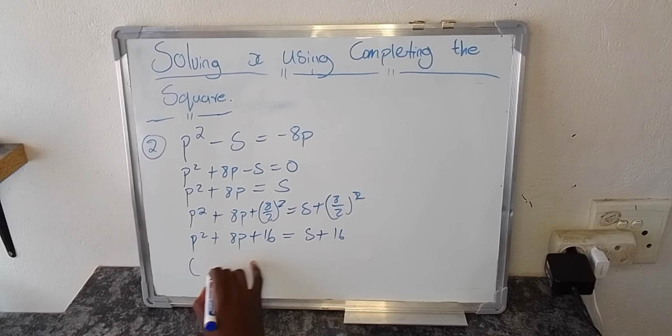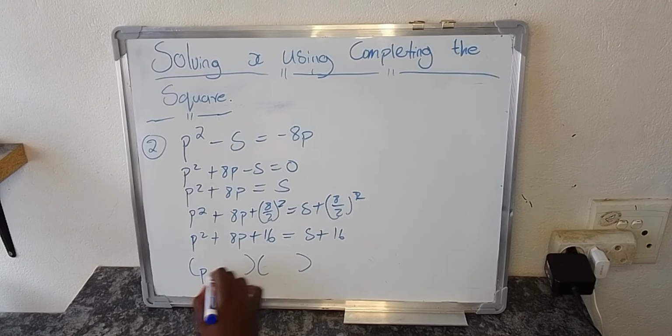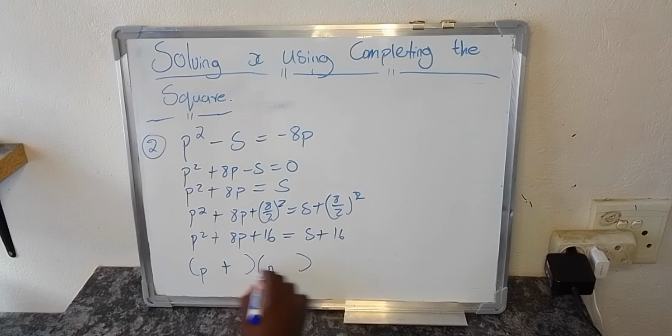So here we are going to introduce two brackets. Here we are going to have p and p. Then what about signs? We're going to have positive and positive. Then the factors, we are going to look at the factors of 16 that we can add, and it gives us 8, which is 4 and 4.